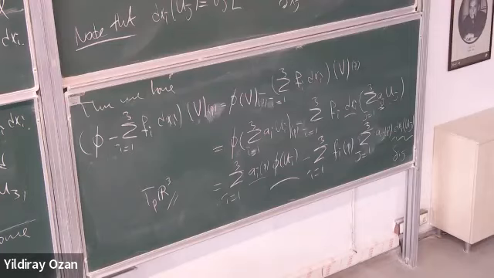I am not sure if it is explained in the book at this point. Maybe they are explained later, but I think we can do it at this stage. Suppose we are in one dimension, okay? Not from R3 to R3, but from R to R.